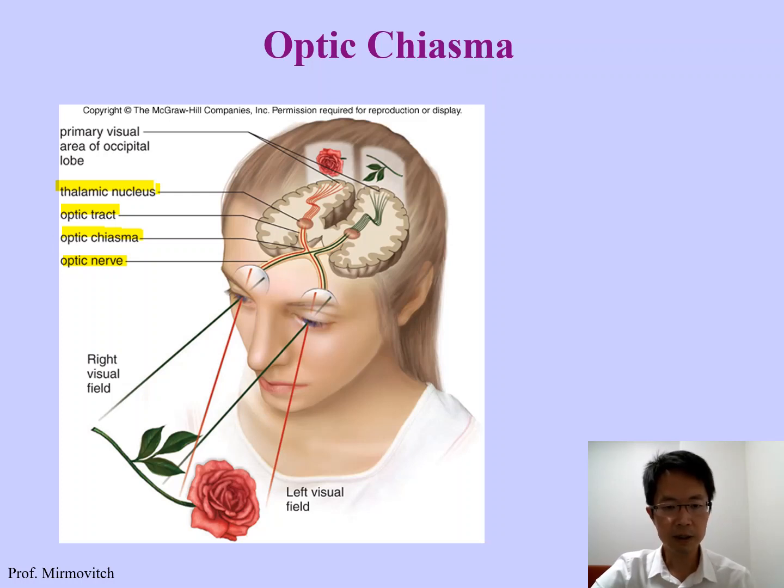And then from the thalamic nuclei, you go to something called optic radiation, and from the optic radiation, you go to the primary visual cortex, V1. V1 is located in the occipital lobe, which is the back of your head.